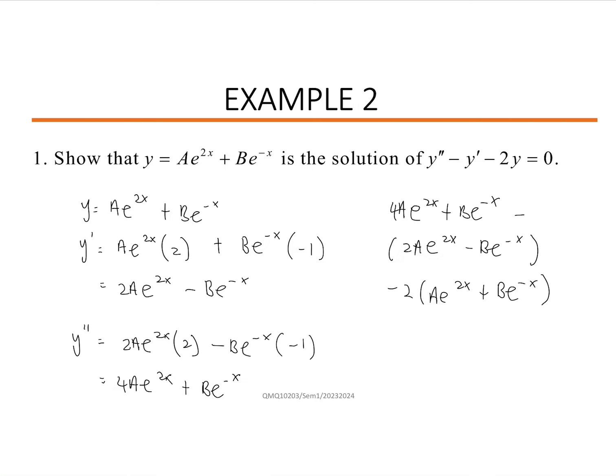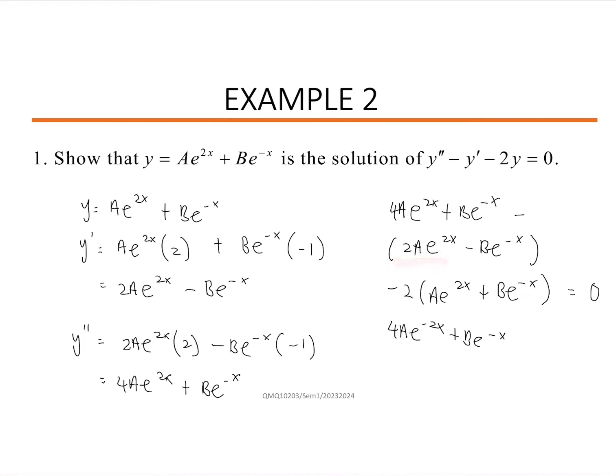This is called the left hand side of the equation, and it must equal 0. So for the left hand side, we have 4a e^(2x) + b e^(-x).